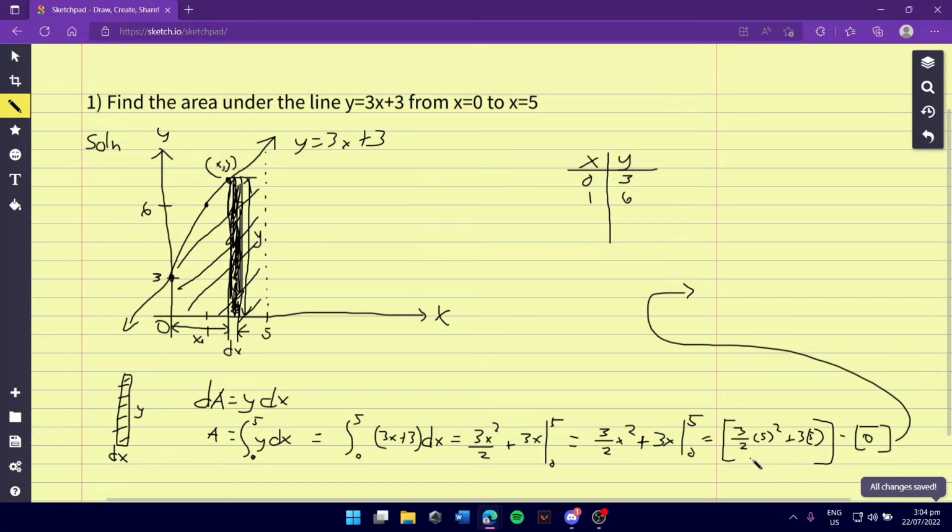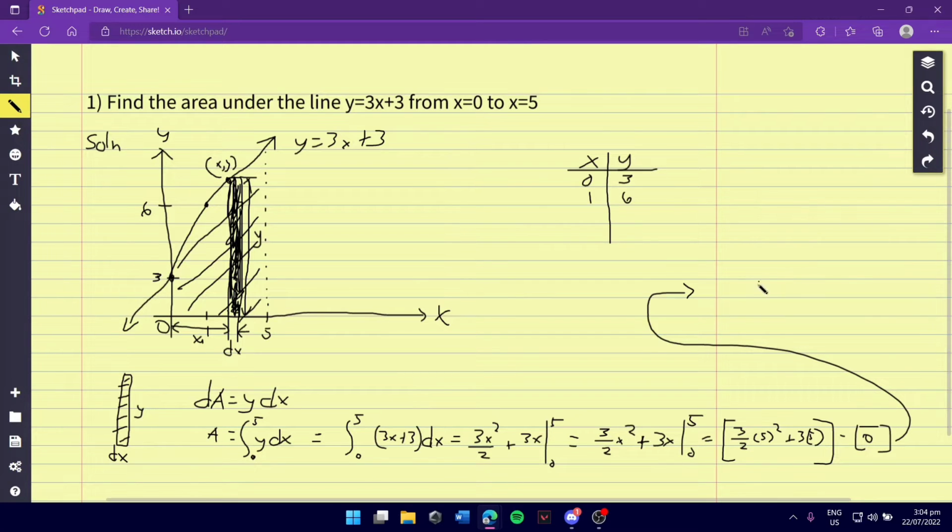Then we simplify this. And then we have 3 halves times 5 squared.